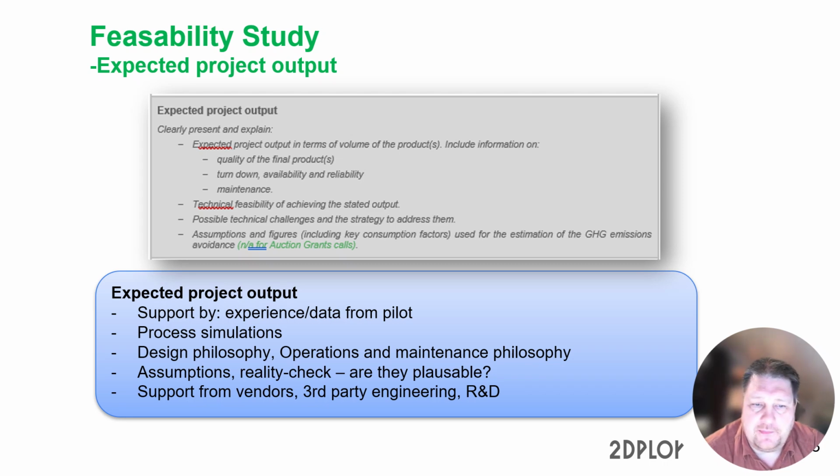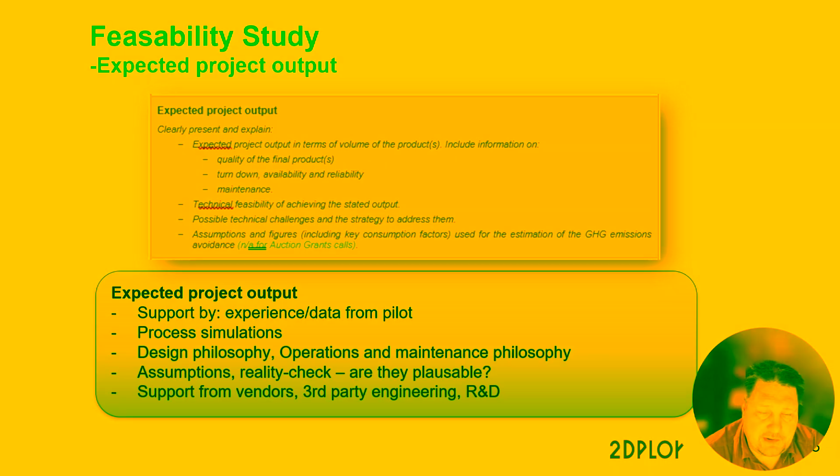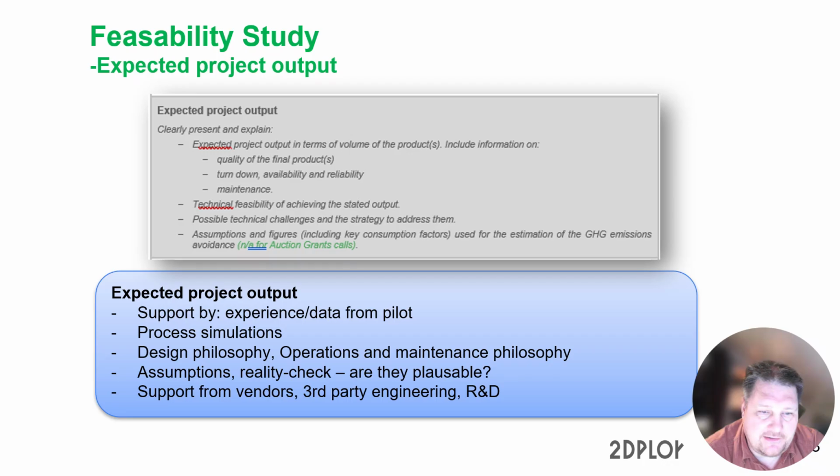What is the availability, for instance, reliability of your plant or your process? Does it really require a lot of maintenance? The maintenance cost, will it lead to downtime or any other dependencies?